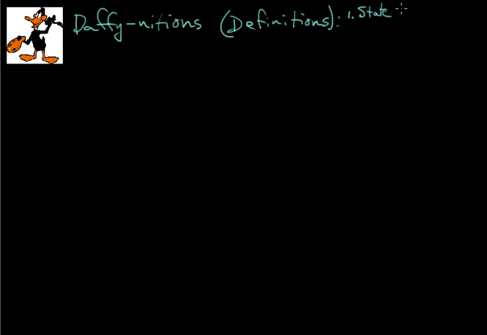The first one is to state the term. What is it we're trying to define? The second one is to state the nearest classification. What does it look like? State the nearest classification, or the nearest definition.